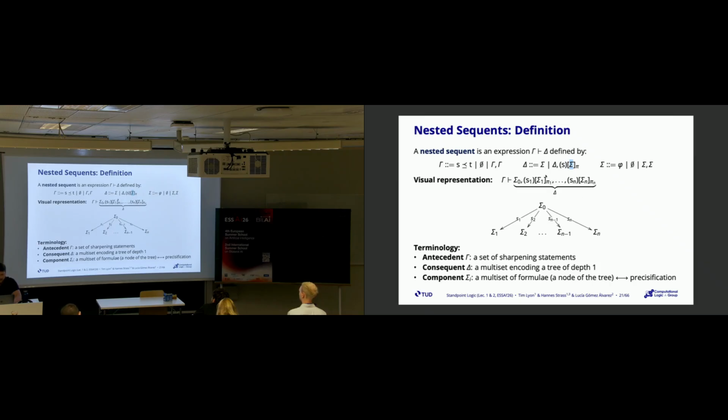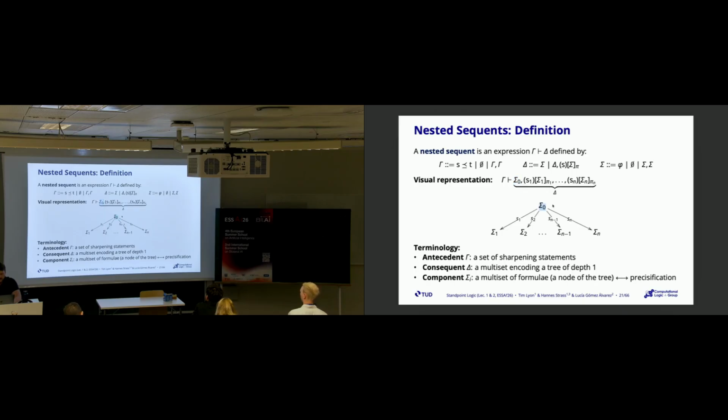So just a little bit of terminology. We call gamma, as I said before, the antecedent, delta the consequent, and each of these multi-sets that appears inside of the consequent, delta, is called a component. The left-hand side is a fairly simple structure. Let's look at the right-hand side, the consequent. We can represent this as a tree of depth 1. We have sigma naught, which could contain any number, even 0, of standpoint formulae.